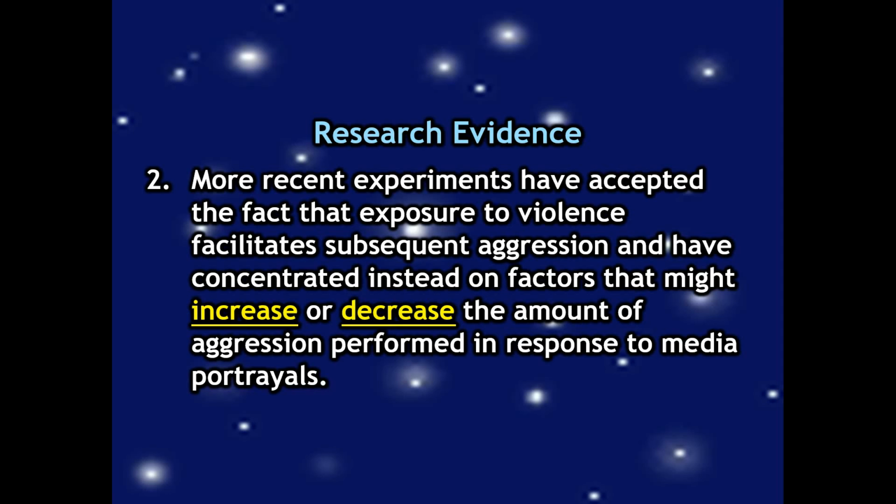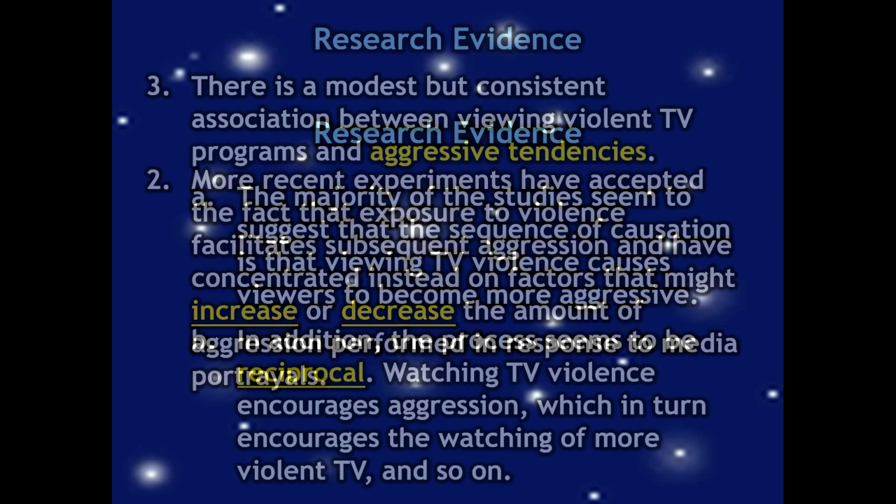So it's become pretty much acceptable that violence on television can have a certain effect and cause people to perhaps be a little more aggressive. But how much so? To what degree? That is what's still in question.